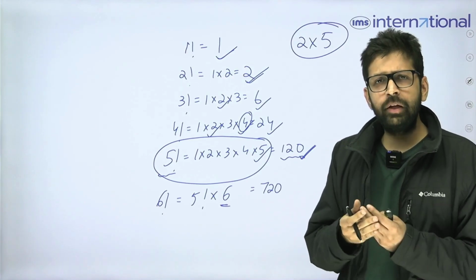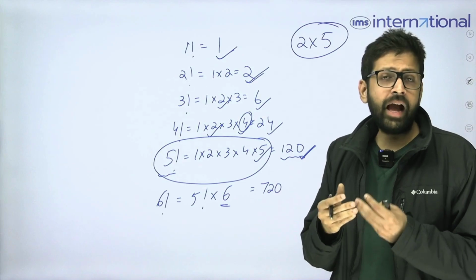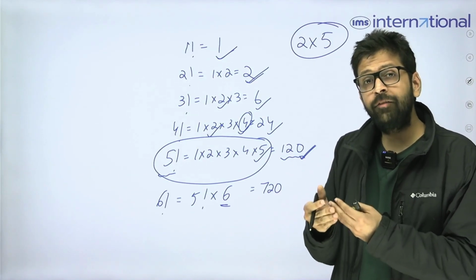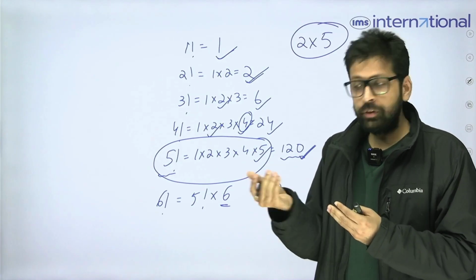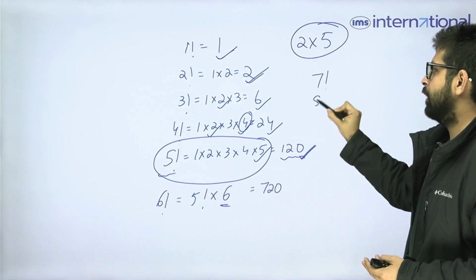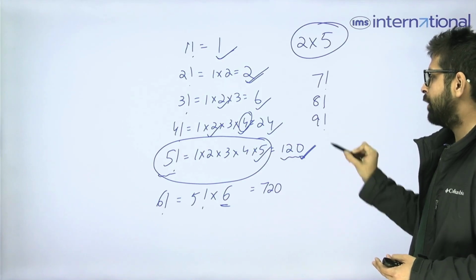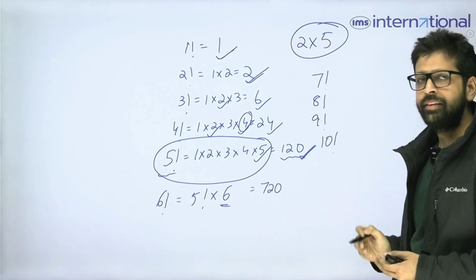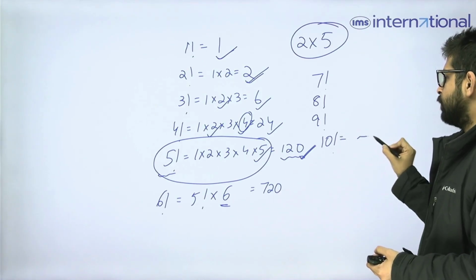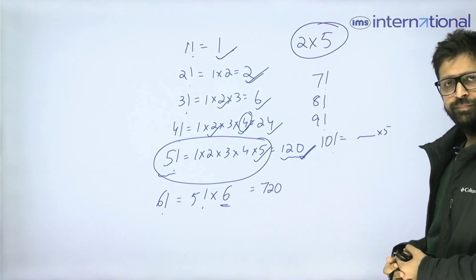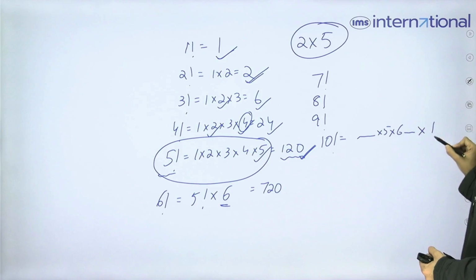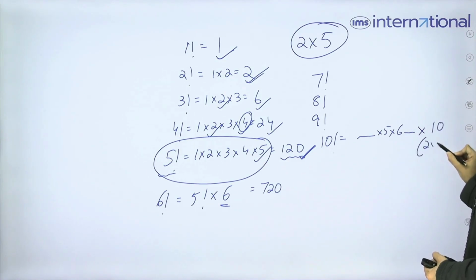So think carefully, when is the next time where I would get another 0 at the end? The point where I will get another 5. So therefore, I won't be getting another 5 in 7 factorial or 8 factorial or 9 factorial, but I would have another 5 in 10 factorial. What is 10 factorial? 1 into 2 into 3 into 4 into 5 into 6 into 7 into 8 into 9 into 10, and 10 is nothing but 2 into 5.